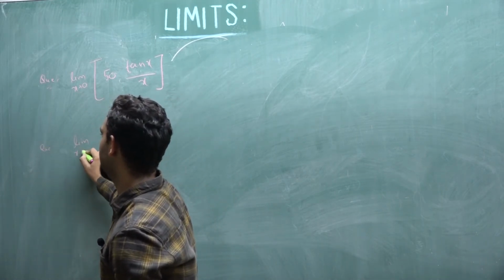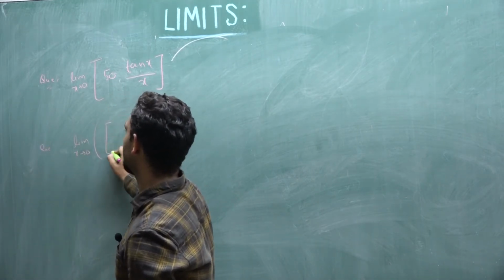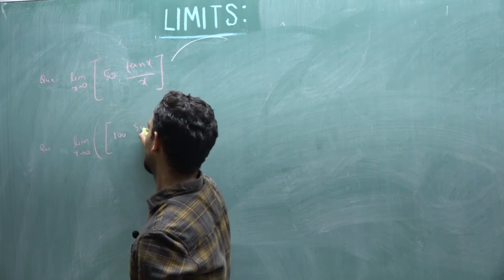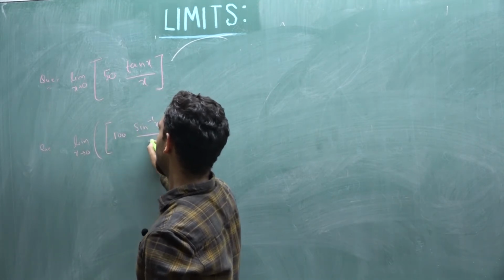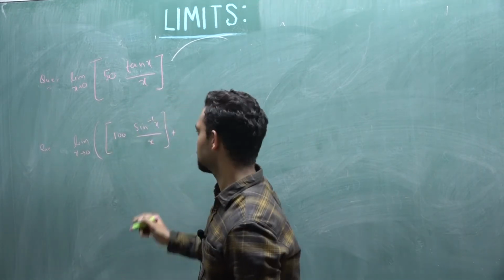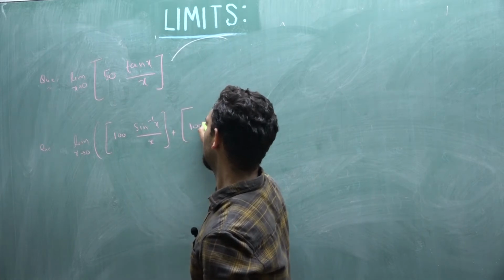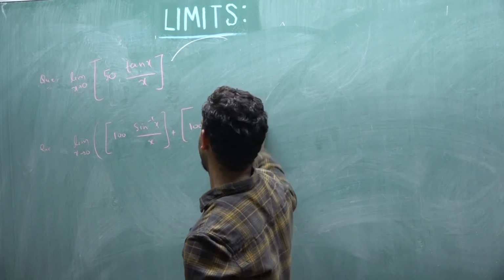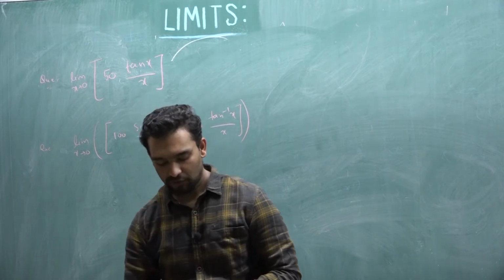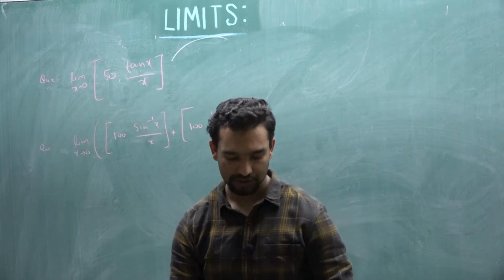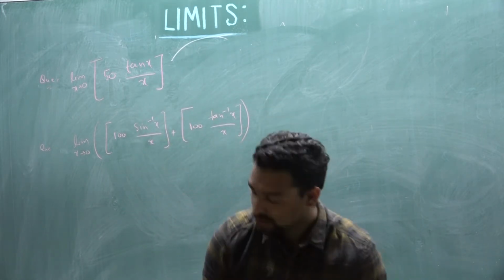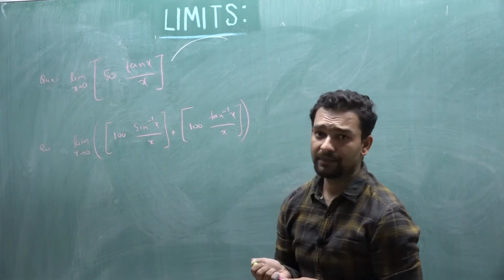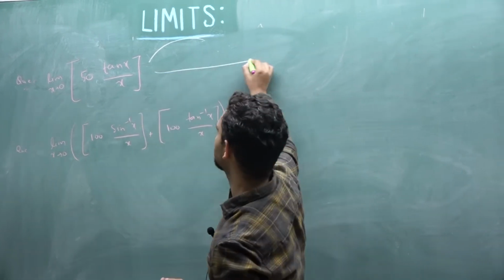Limit x tending to 0, greatest integer of 100 sin inverse x by x plus greatest integer of 100 tan inverse x by x. So we have to evaluate these two questions. Clear? Starting from the first one, limit x tending to 0, 50 tan x upon x.